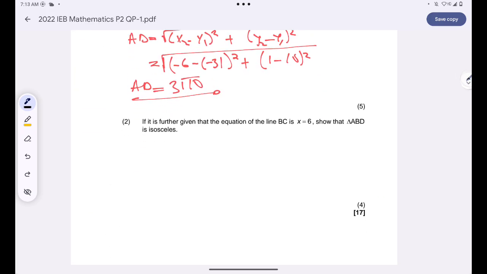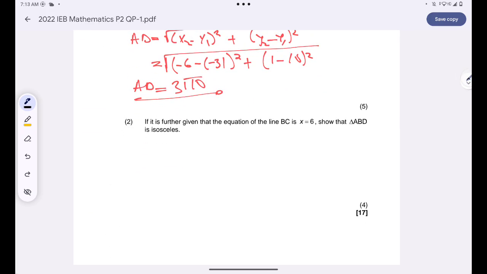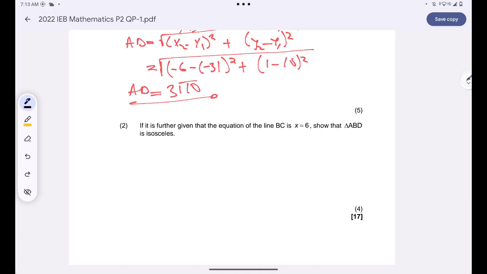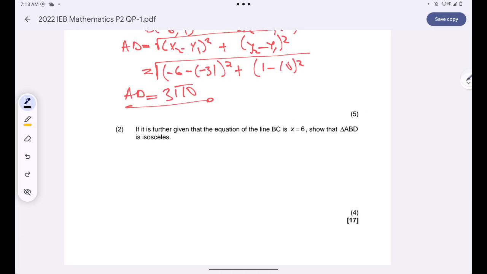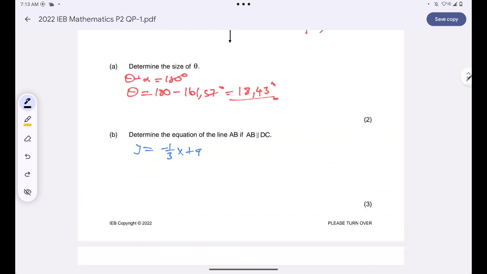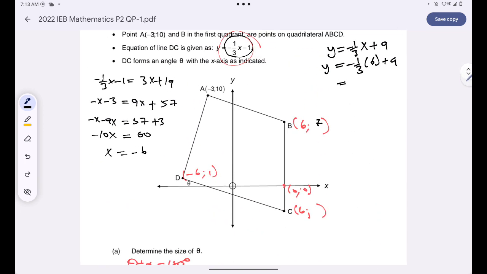Okay, I'm asked to show that triangle ABD is an isosceles triangle. Are you together? ABD will be like this. If I can show that two sides of this triangle are equal, I can therefore conclude that this triangle is isosceles. Are you together?